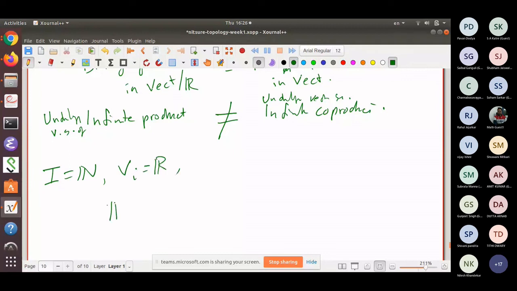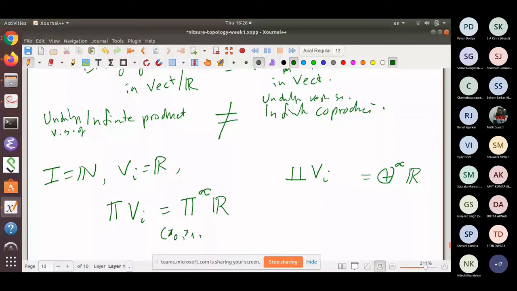Then the product of V_i is this infinite product. And the coproduct of V_i is this infinite sum. These are all tuples, x0, x1, x2, and so on.